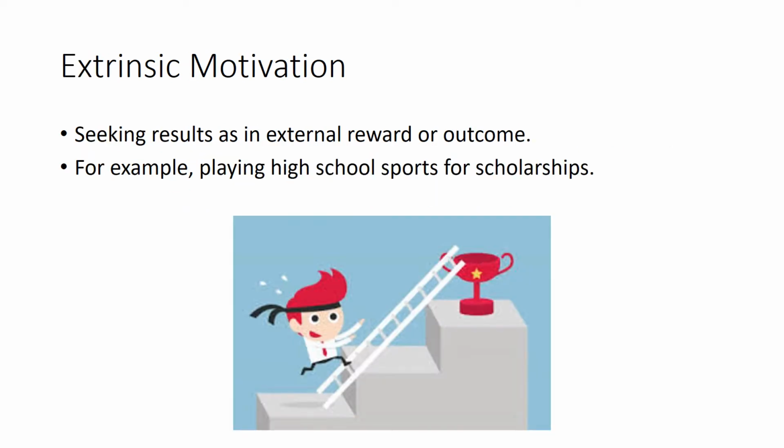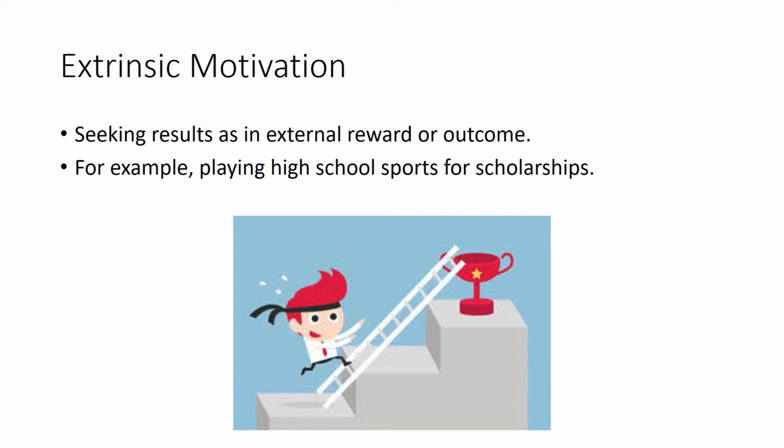Extrinsic motivation. This is what a lot of students have got to get motivated by. This is a very, very common one. You're going to seek results as an external reward or outcome. You're trying to get a reward from something that's tangible.